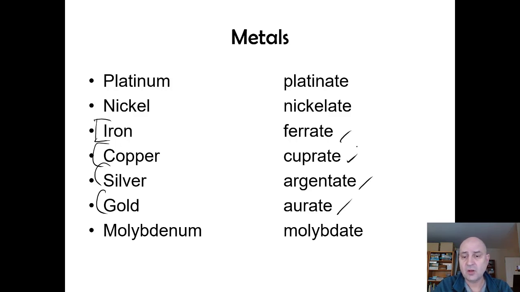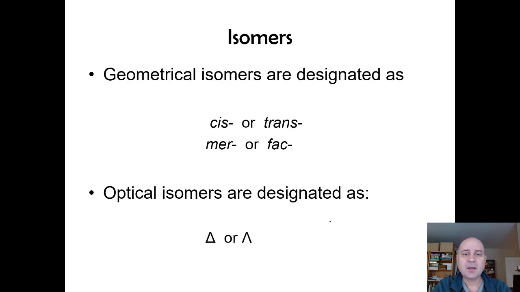And maybe you've used the molybdate reagent before, and now you know why it was called molybdate, because it's anionically charged. If you are able to determine the isomer, if I draw a structure, you should also include that in your naming: cis or trans, mer, facial, or delta and lambda if they're optical isomers.